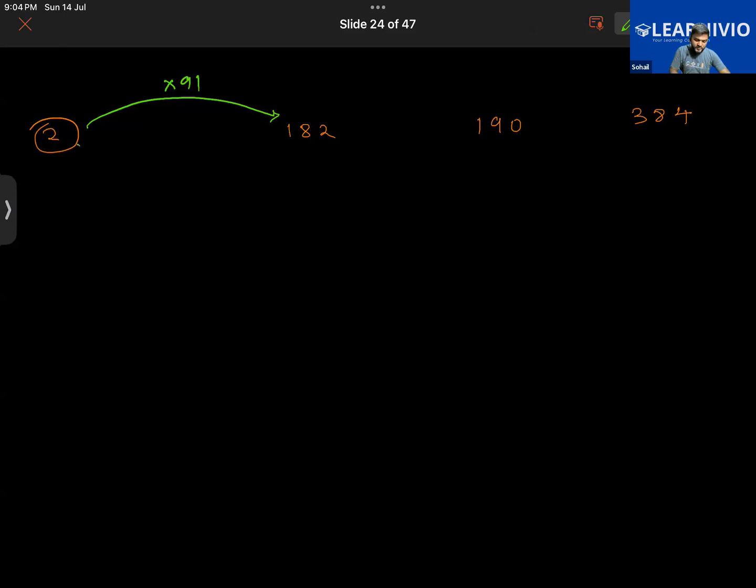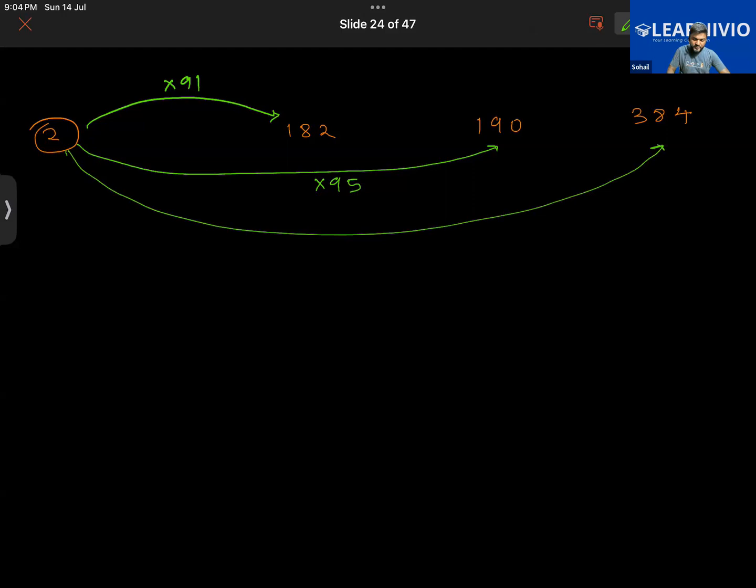What can we say about 190? So 2 times 95 is 190. So 190 is a multiple of 2. Getting it, Habib? Or for example, talking about 384. That is a multiple of 2 by 192 times.